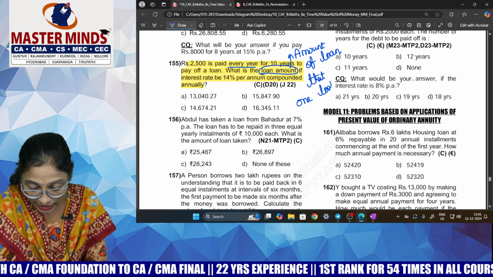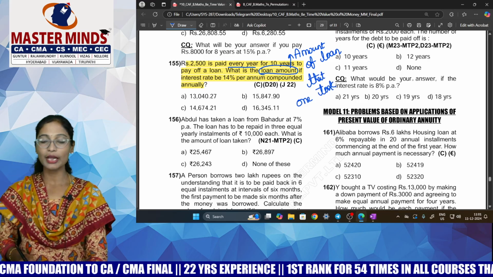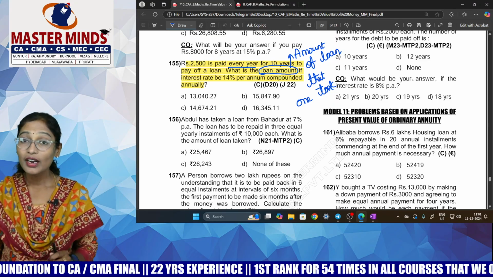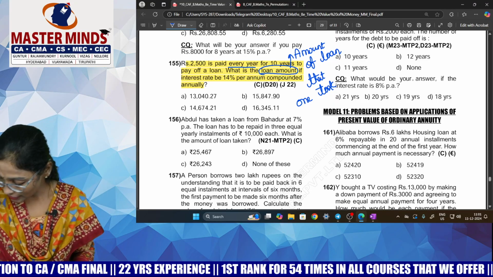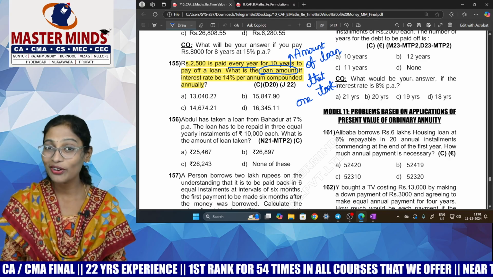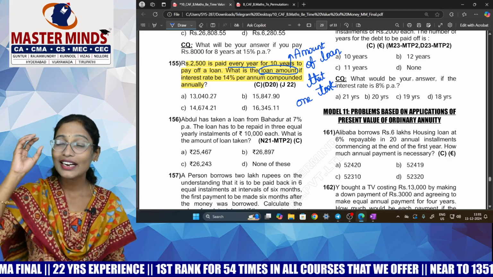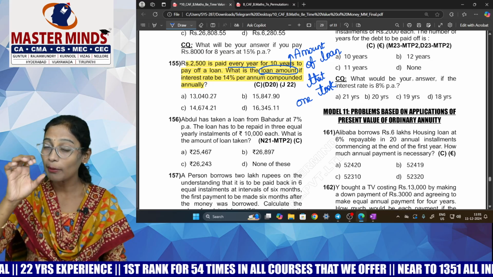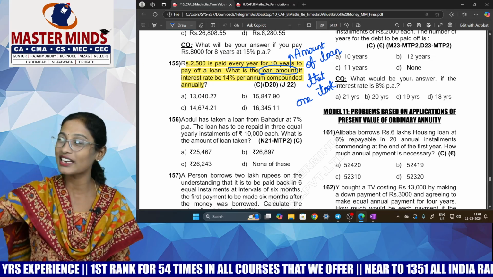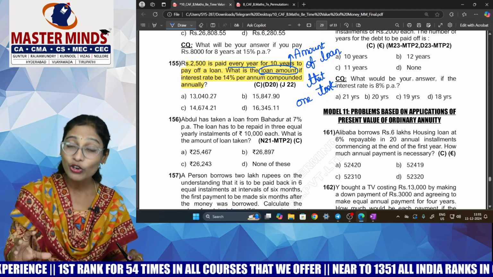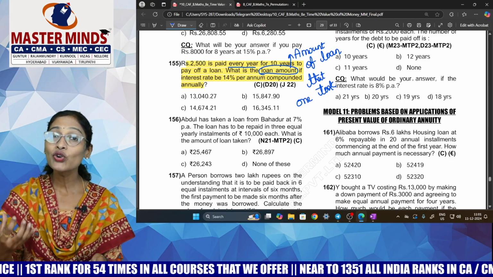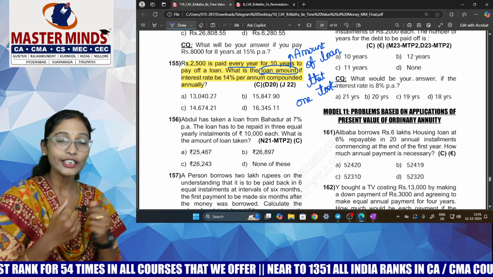Tell me, is it the principal or amount that I'm talking about? Amount of loan that one person took, is it called principal or amount? Forget about the word amount. Amount means money, the amount of money that one person took.